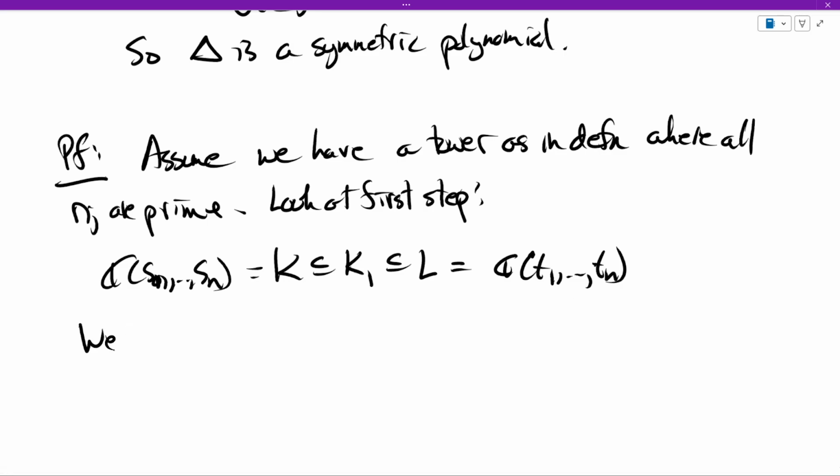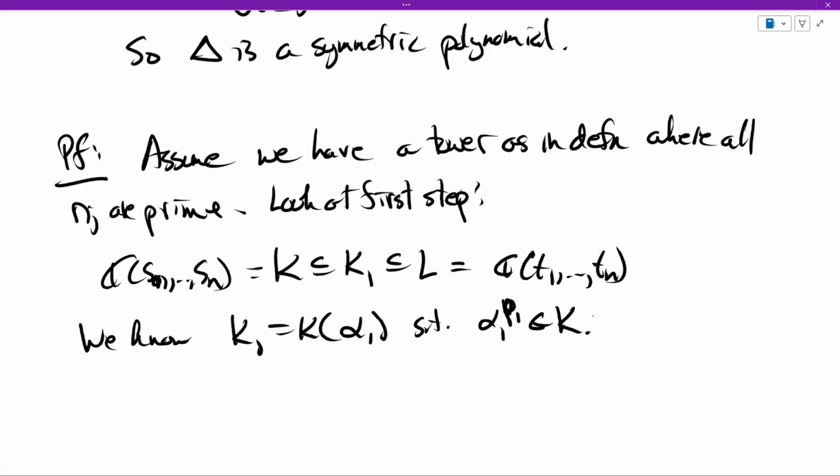So we know that K1 is obtained from K by adding some alpha 1 such that alpha 1 to some prime, I'm going to say p1, is in K. Great. What can we do?